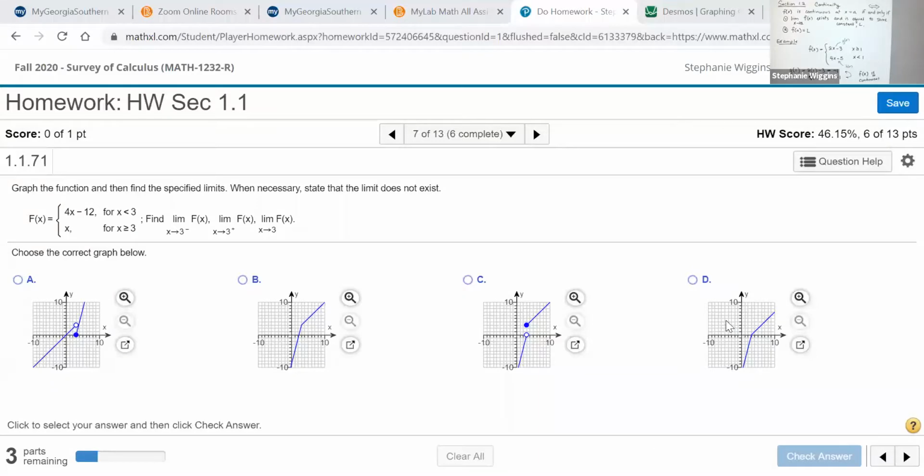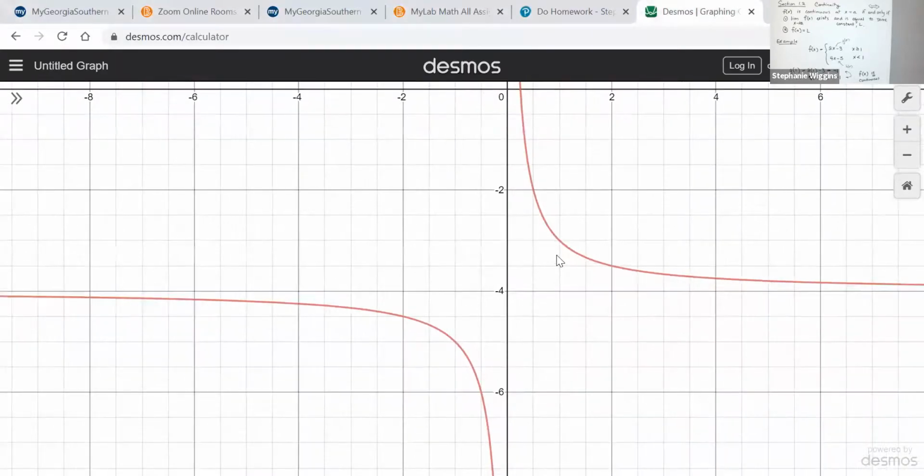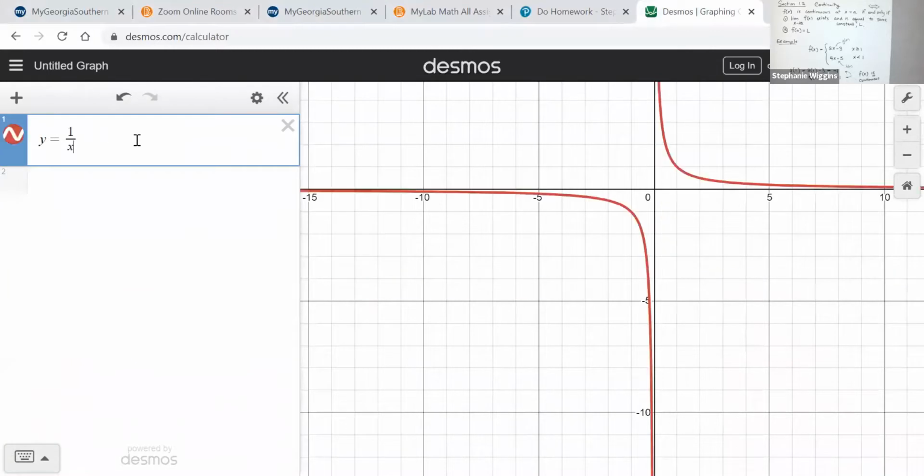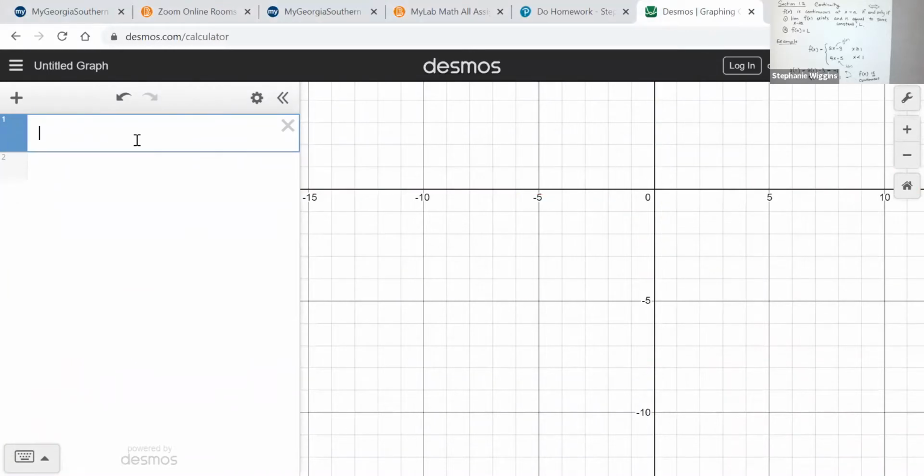And Desmos, there we go. So let me show you how you restrict the domain on a function in Desmos. My top function is y equals 2x minus 3, but I've restricted the domain.